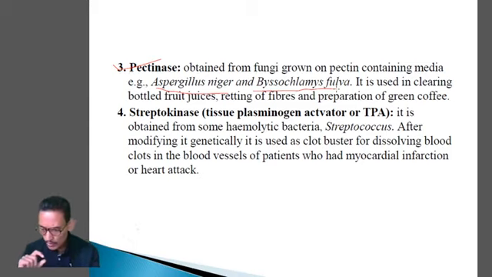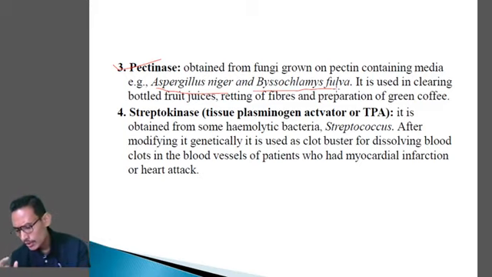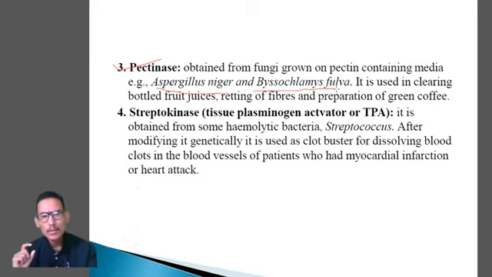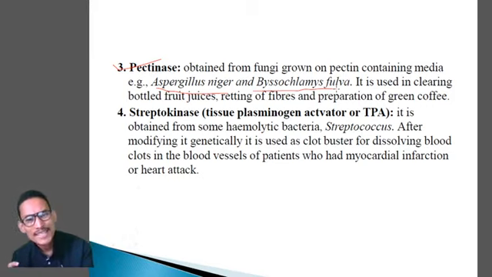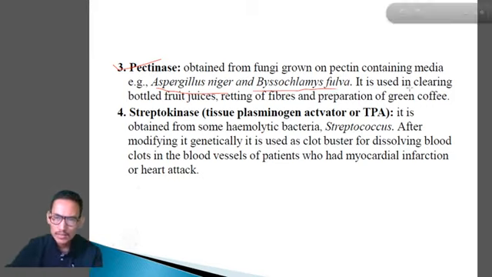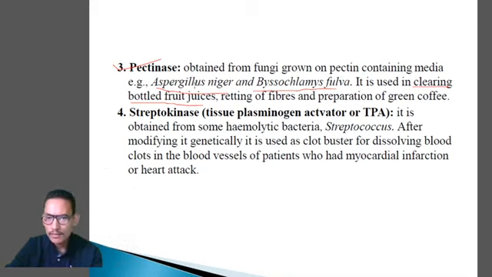In the preparation of bottled juices, mainly we use the enzyme pectinase. So pectinase is used in clearing bottled fruit juices, and is obtained from the fungi Aspergillus niger and Cyclamus fulva.